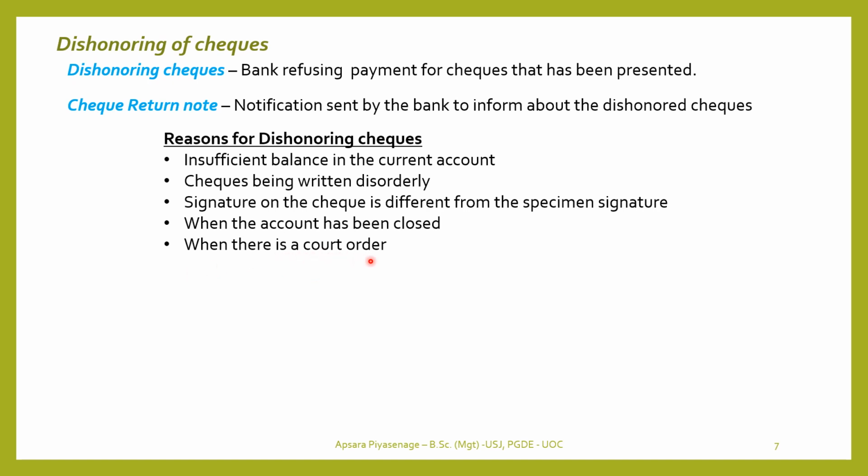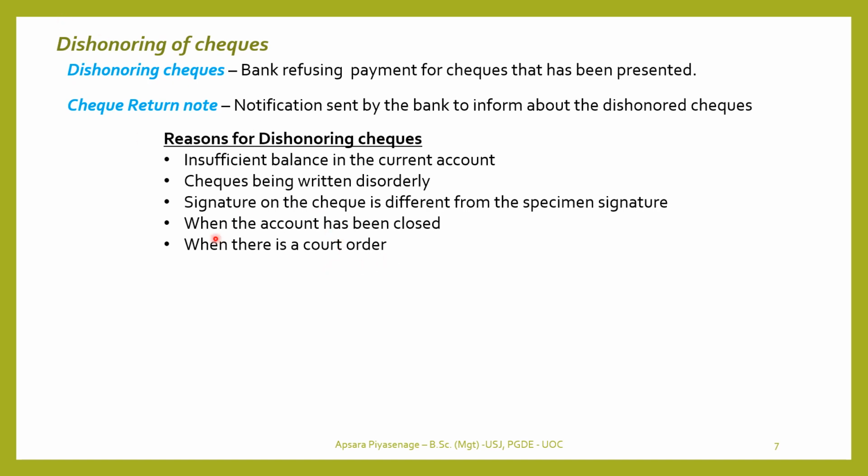And when there is a court order stating to stop payments, or if there is a court case against the business, then the bank will refuse payments for the checks.